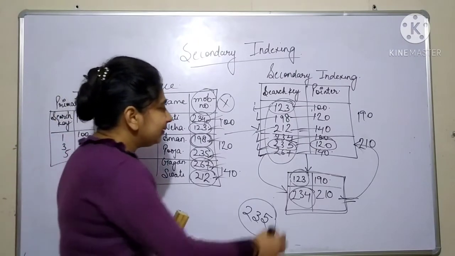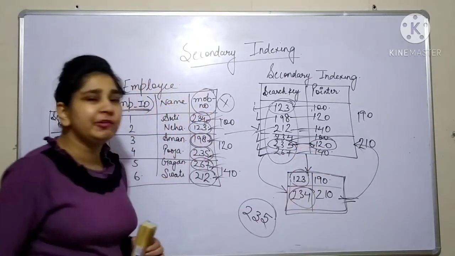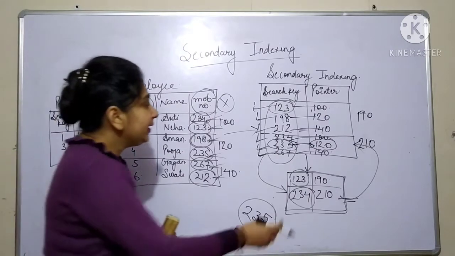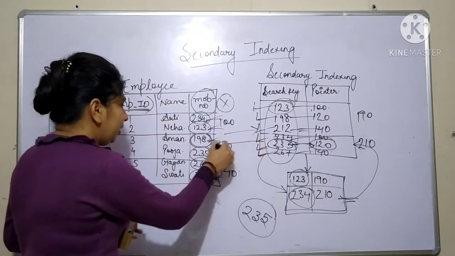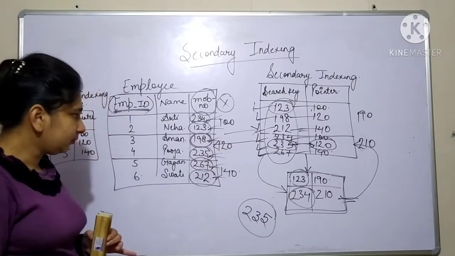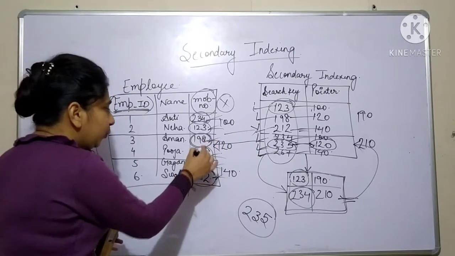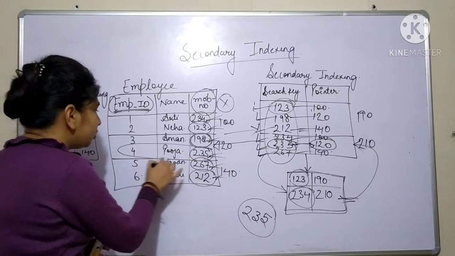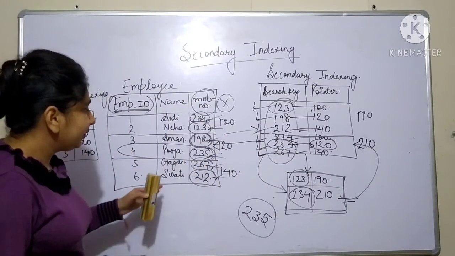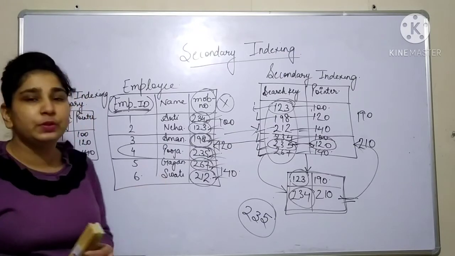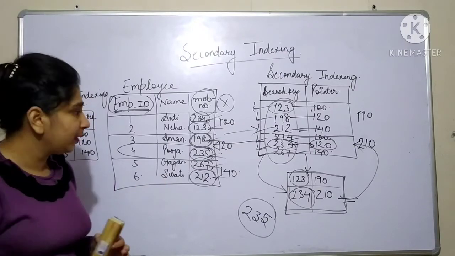What does it mean? Your 235 mobile number record is present in this 120 block. So you will be moving here, and then you will get your corresponding record. This way you are going to reduce your searching time.